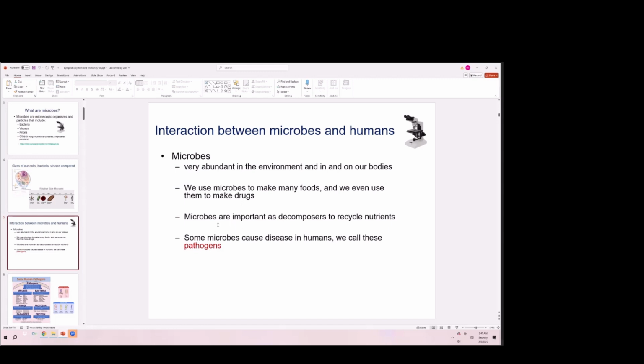So, in terms of decomposing, when organic material, when animals and plants die, their tissues are broken down by bacteria back to the various elements, carbon and nitrogen and everything, and it goes back to the basic elements.